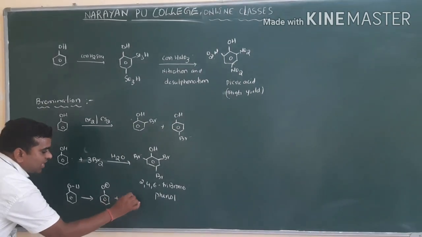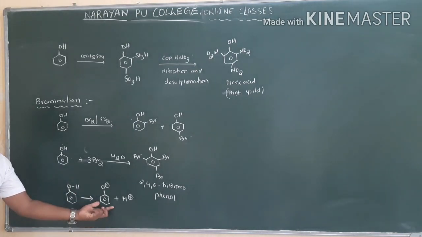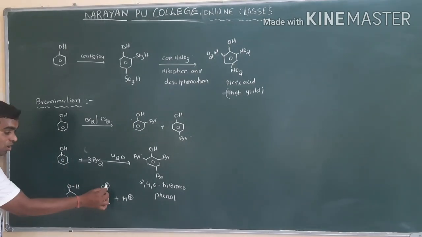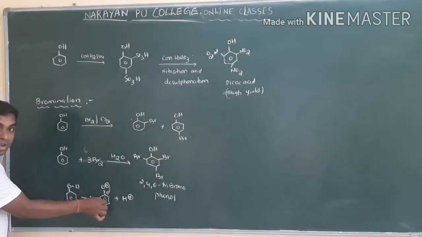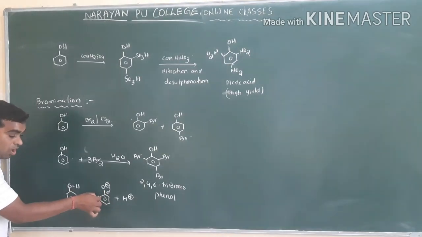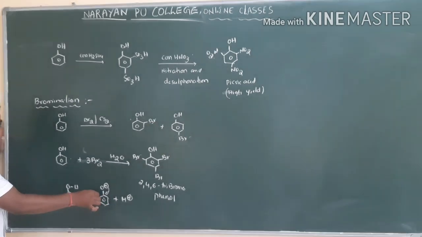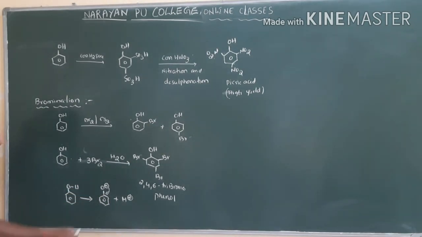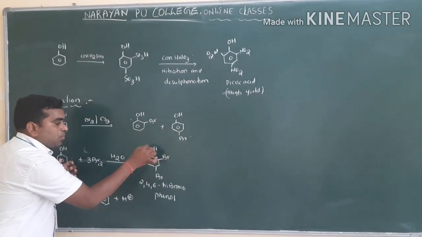It dissolves in water and converts into ions, giving the phenoxide ion. It donates electrons to the benzene ring to a large extent and highly activates all the ortho and para positions, so you get the trisubstituted product.